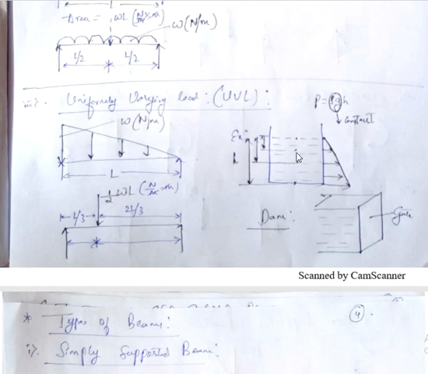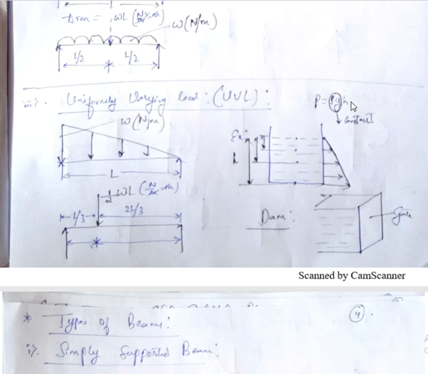We all know that when the liquid is static, the pressure at any point is given by the formula P is equal to rho g h, where rho is density. If this is water, the density is constant. G is acceleration due to gravity, which is also constant.